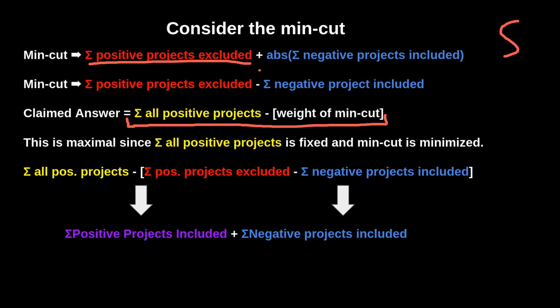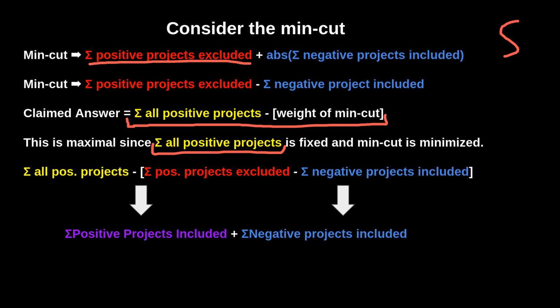Notice that this is kind of like a double negative. This is maximal because the sum of all positive projects is fixed, so we are essentially minimizing the amount that we subtract from all the positive projects we take.